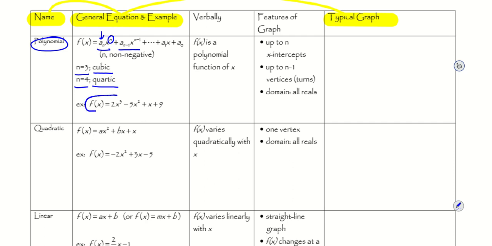Here is an example of a polynomial function. 2x cubed is our term that has our highest power on x. So this is a cubic polynomial. The typical graph of a cubic will take this shape.